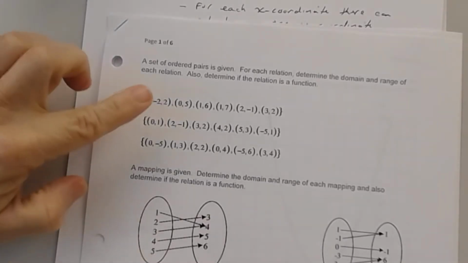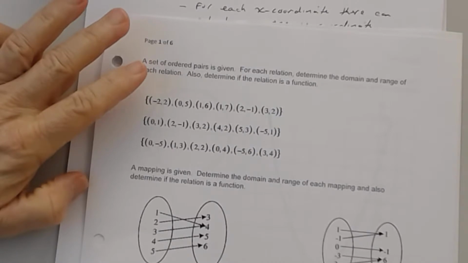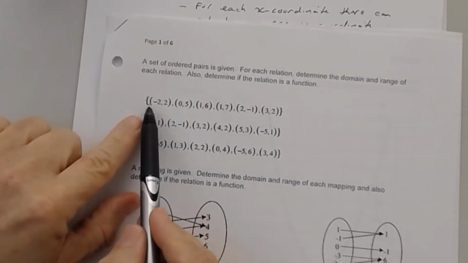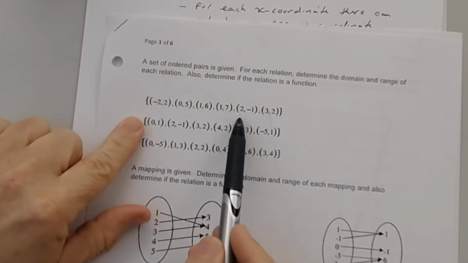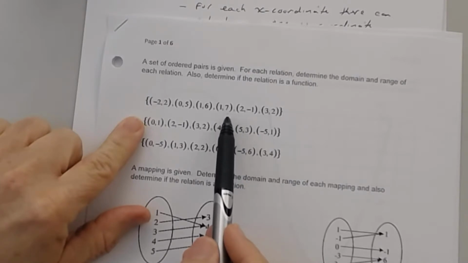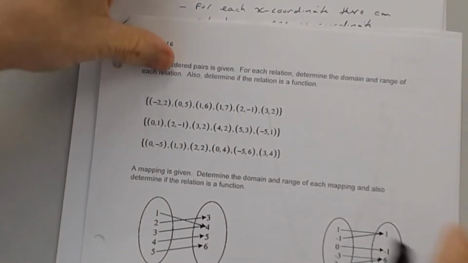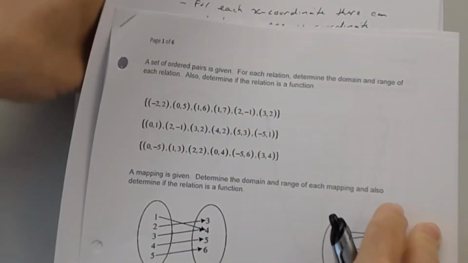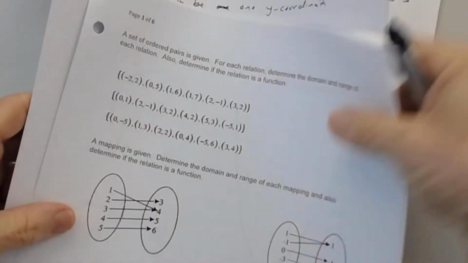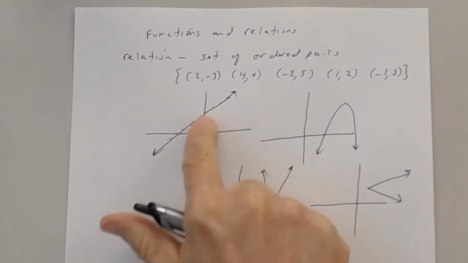Now, what I need for you to recognize is this. This relation is a finite set of ordered pairs. Finite means I can count. This relation is a what?